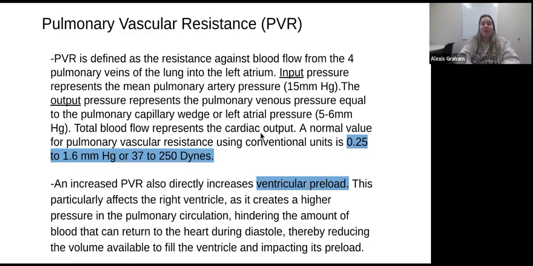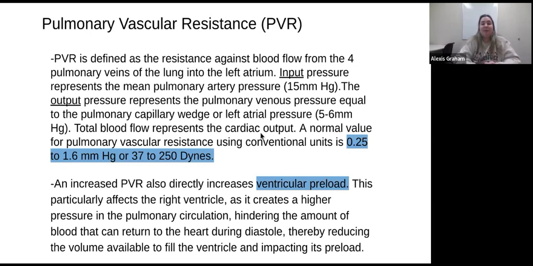The total blood flow represents the cardiac output. A normal value for pulmonary vascular resistance using conventional units is 0.25 to 1.6 millimeters of mercury, or it can be expressed in dynes, which would be 37 to 250 dynes.